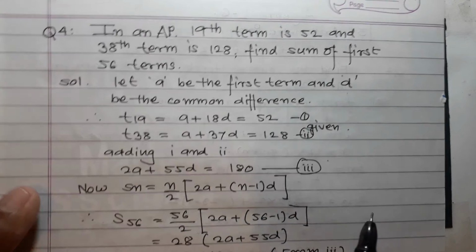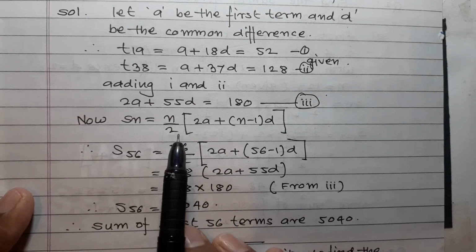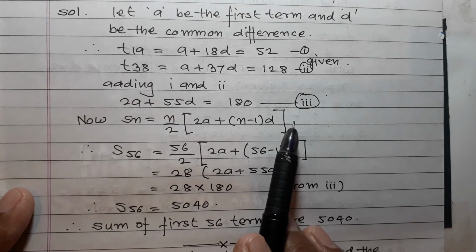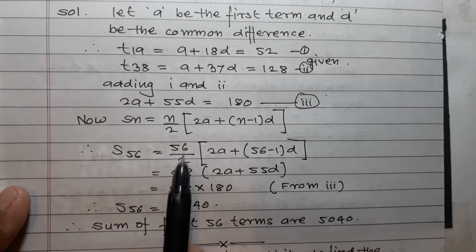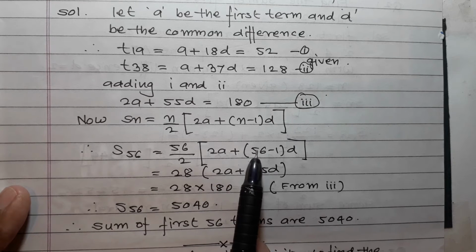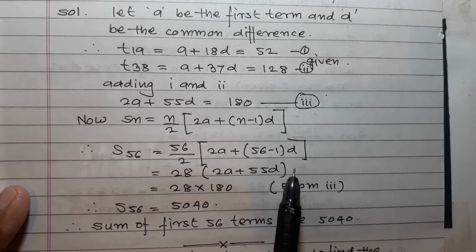Now Sn is equal to n upon 2 into bracket 2a plus n minus 1 into d, and therefore S56 is equal to 56 upon 2 into bracket 2a plus 55d, since 56 minus 1 is 55.